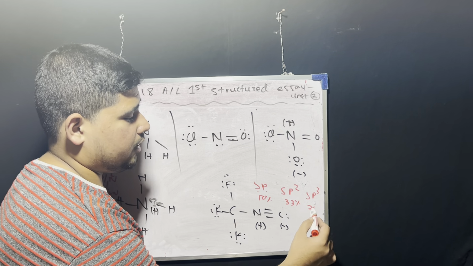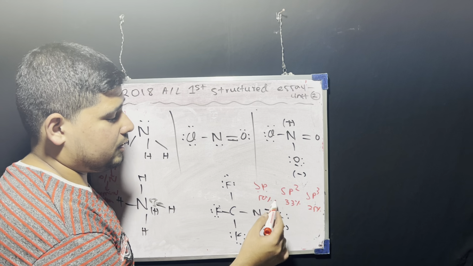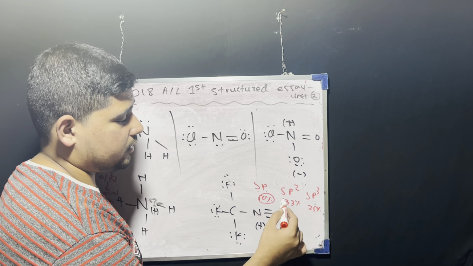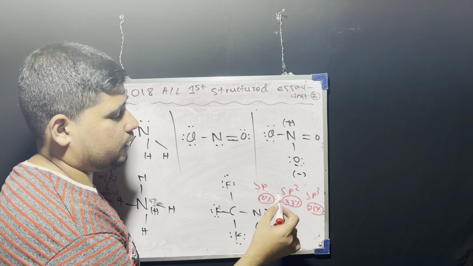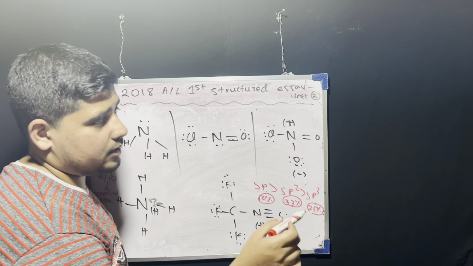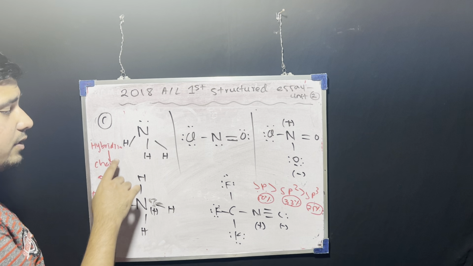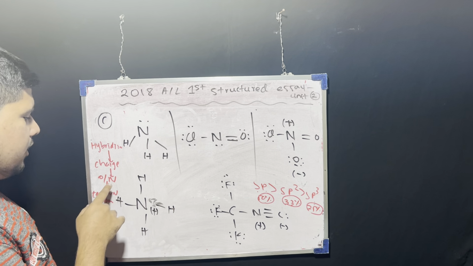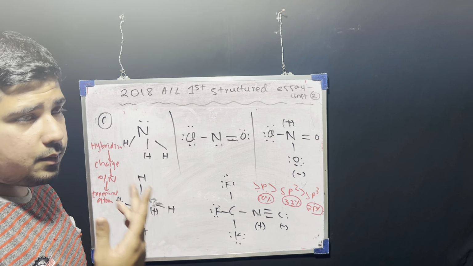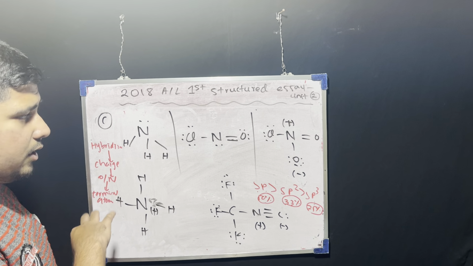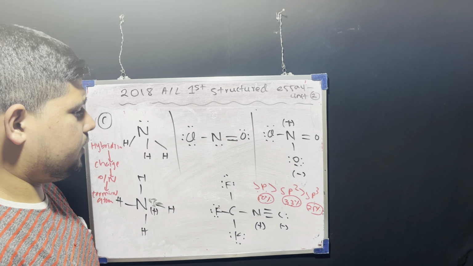For sp3, it is about 25%. So the percentage of s character is highest for sp. When the percentage of s character increases, electronegativity increases. When charge increases, electronegativity increases. When oxidation number increases, electronegativity increases. For the terminal atom, we will check it when we come to the example.